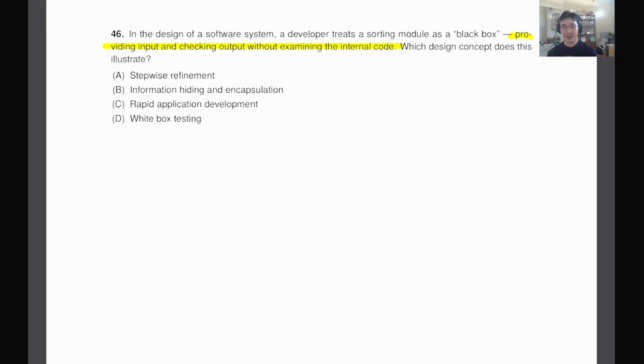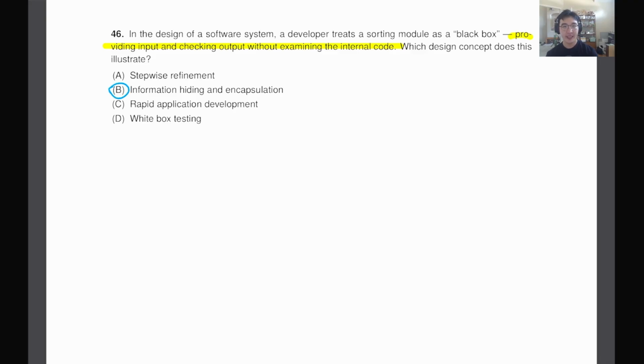The definition I found online is the direct opposite of black box testing, requiring full visibility and examination of the internal code structure and logic. So again, the exact opposite: in white box you can fully see what's going on, but in black box we're hiding things. So of these four answer choices, B, information hiding and encapsulation, is the design concept that this best illustrates.